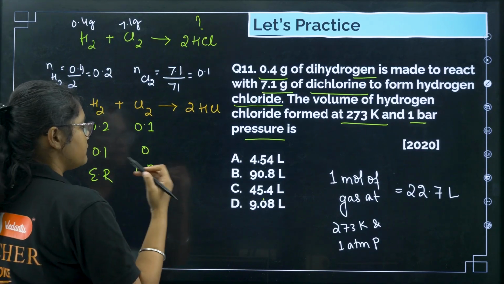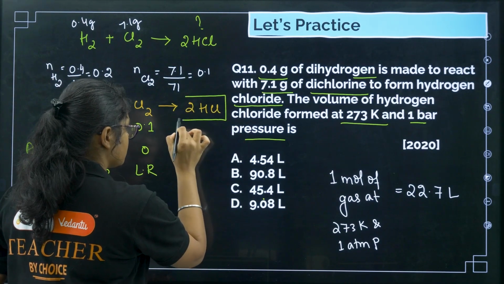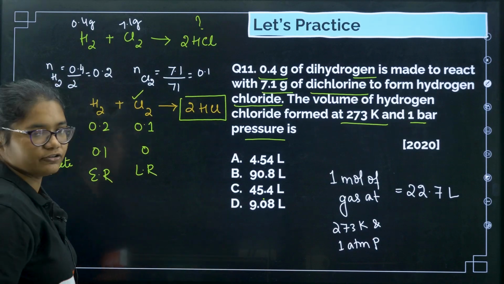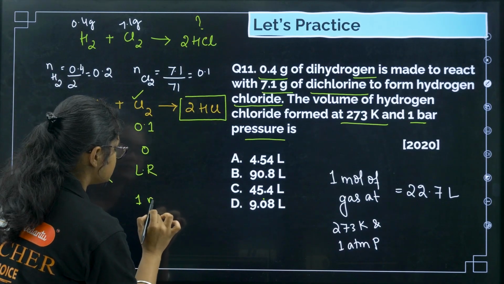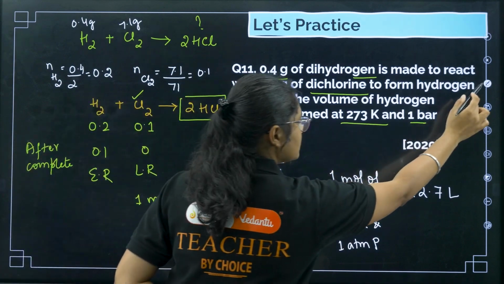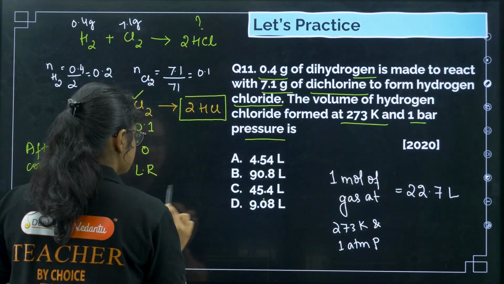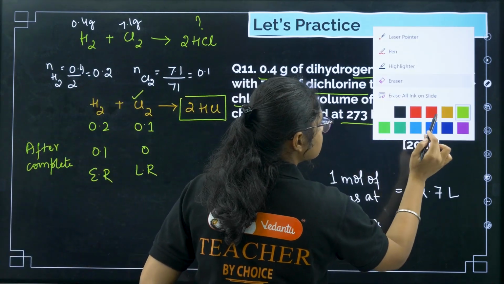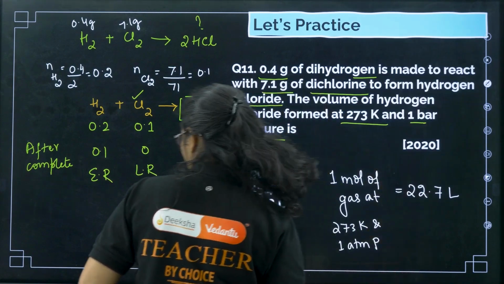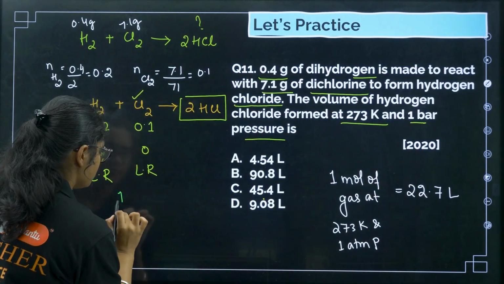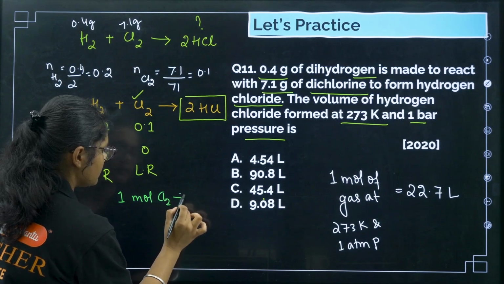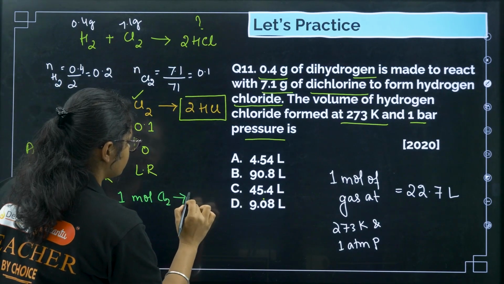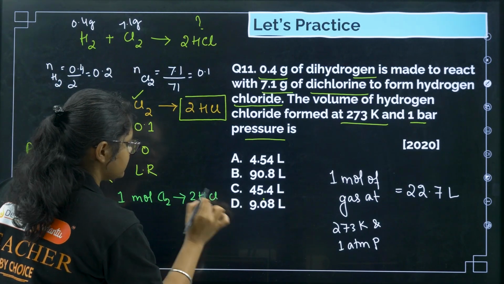Now what we discussed, that the product formed depends on the limiting reagent. So we need to check the stoichiometry here. Now 1 mole of Cl2, let me write here, one second. Okay, so now you can see 1 mole of Cl2 produces how many moles of HCl? 2 moles of HCl.